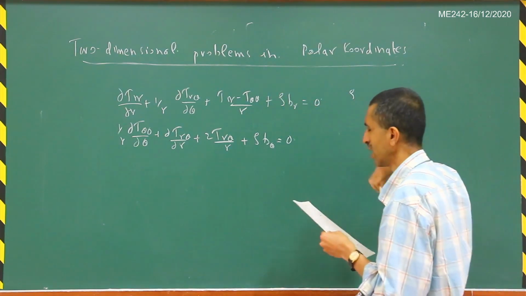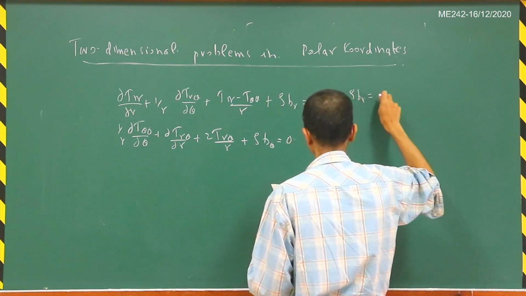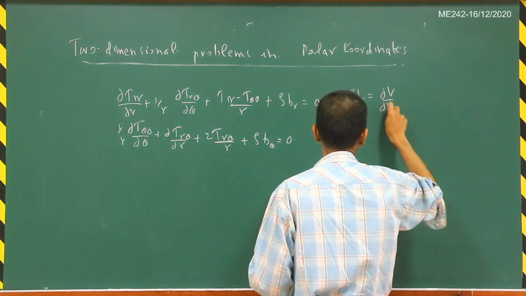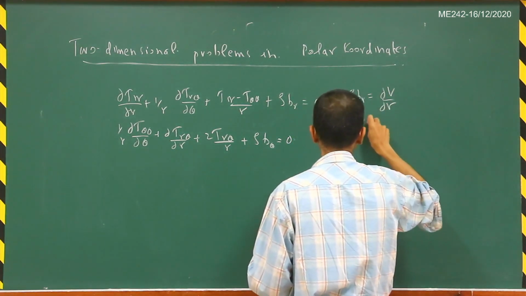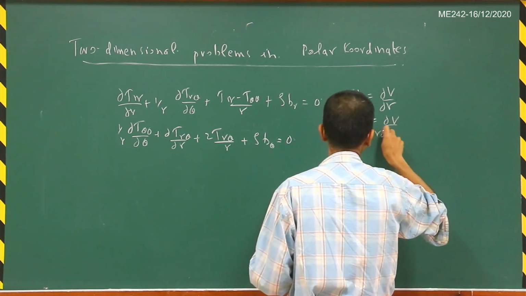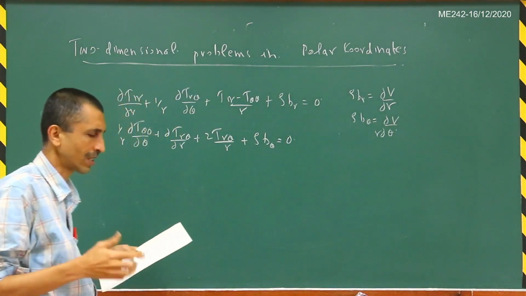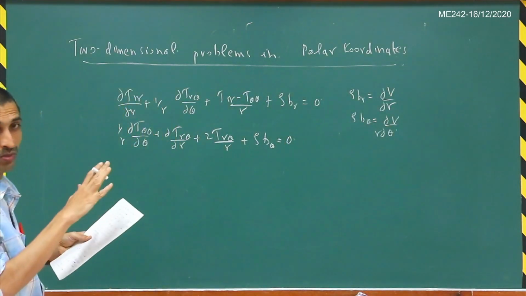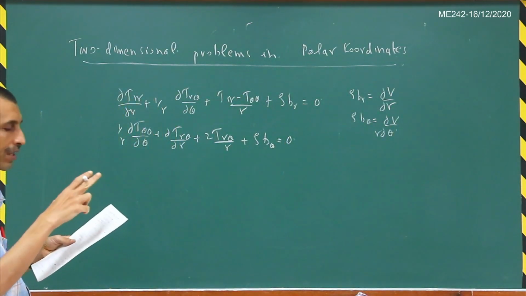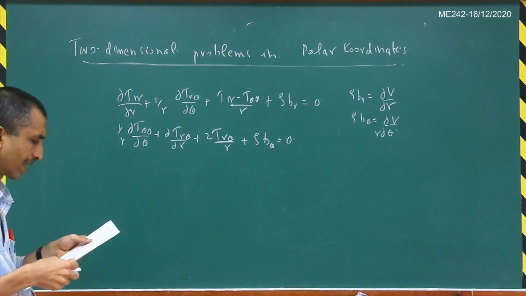So here we just need to consider these two equations. ρb_r we will write as ∂V/∂r, and ρb_θ is equal to (1/r) ∂V/∂θ. So we are assuming that the body forces are conservative, just like we assumed while deriving the governing equation. Same assumption here.